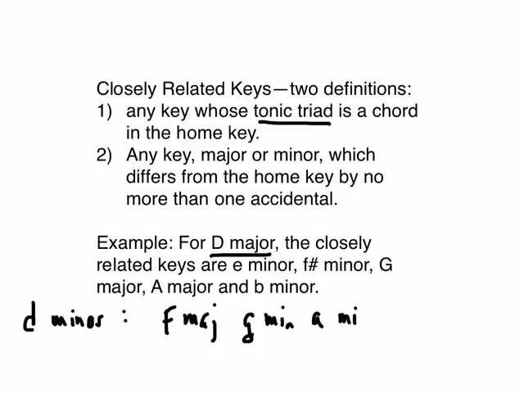Notice A minor, not A major, even though we see a lot of A major chords in the key of D because of the harmonic minor mode. B flat major, and C major. So looking at the key signatures, 1 flat, 2 flats, no flats, 2 flats, no flats. And those are the closely related keys to D minor.